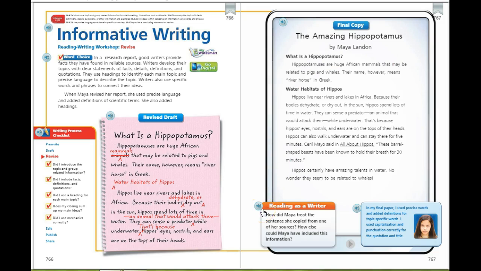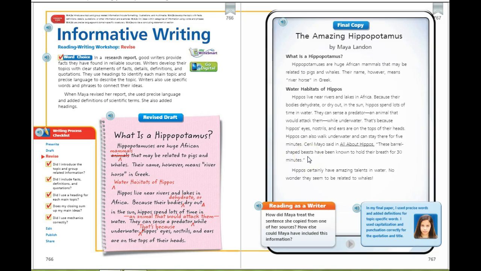Okay, reading as a writer. How did Maya treat the sentence she copied from one of her sources? And how else could Maya have used that information? Right here, she cited who said it, in what book or article. This is a book, we can tell, or a magazine. And then she put quotations around his exact words.